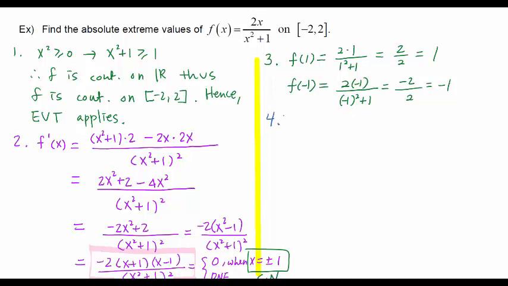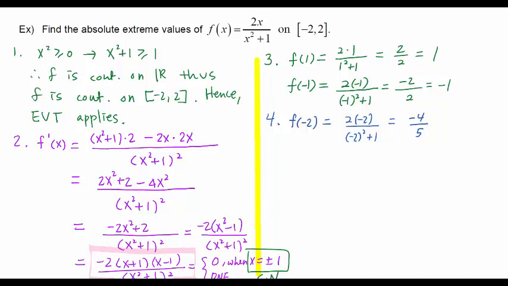Step 4, I need to evaluate the function value at each endpoint. So let's find f of negative 2, and that is 2 times negative 2 over negative 2 squared plus 1. That's negative 4 over 4 plus 1 is 5. That's negative 4 fifths.